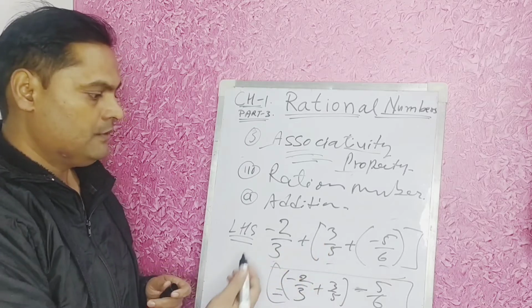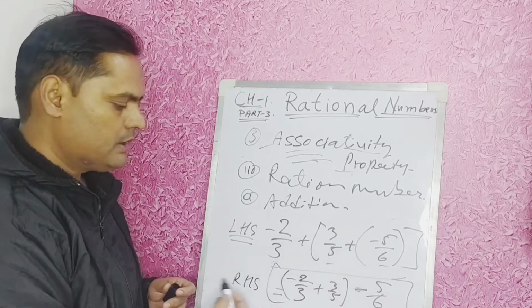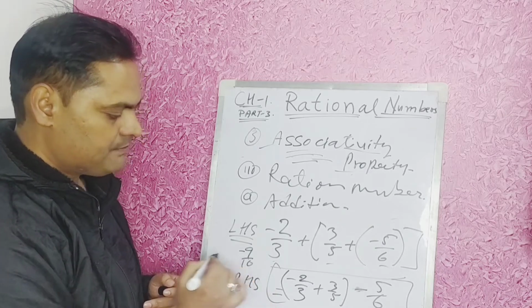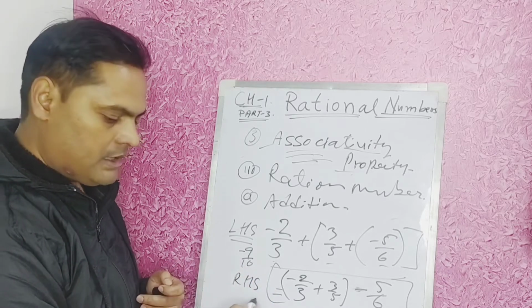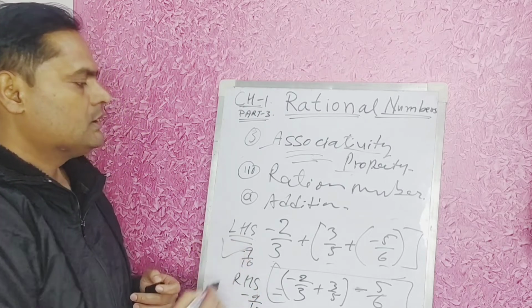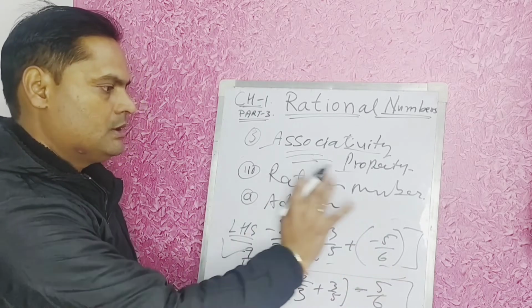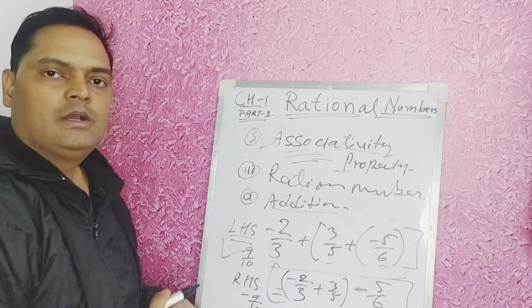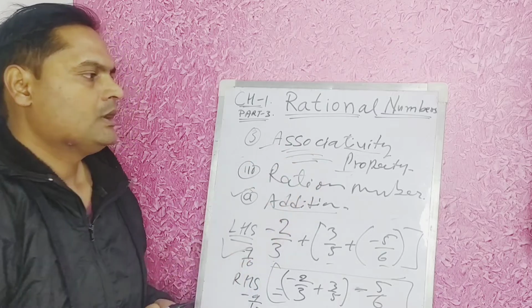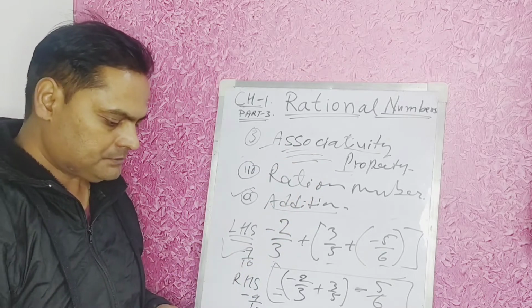If you do the calculations, you will get the answer. I have already found it on the rough page. This is the answer for that, and the RHS is also minus 9 upon 10. So this rational number in addition is satisfying the associative property.